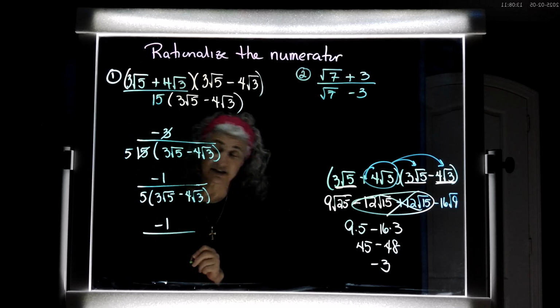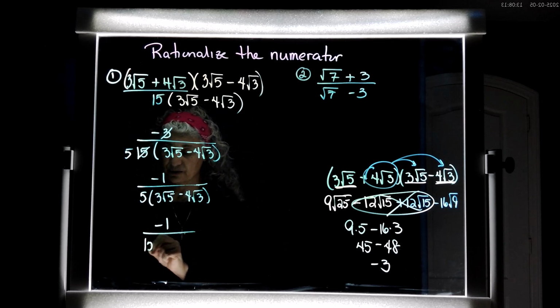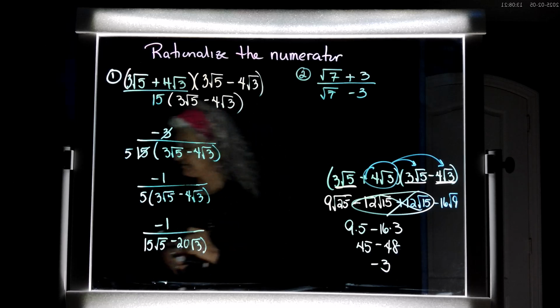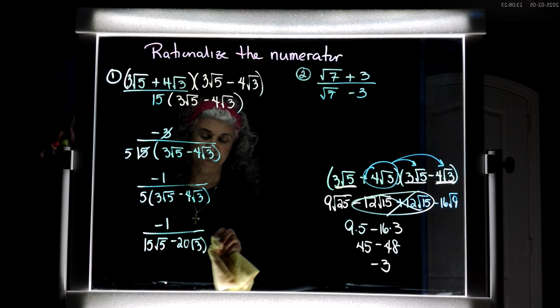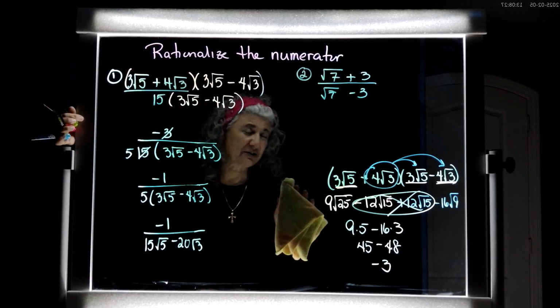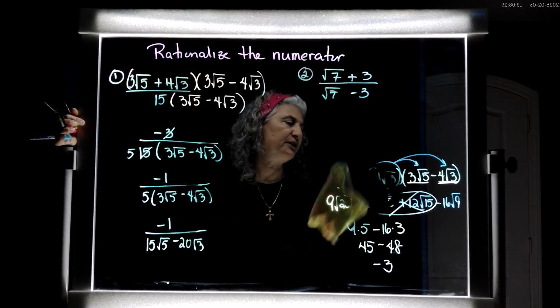Okay, so simplify the denominator, multiply this through 15 square root of 5 minus 20 square root of 3. Oops, don't need those parentheses, do I? Okay, good on number 1. Did you get that same answer? Excellent, I was hoping you did.